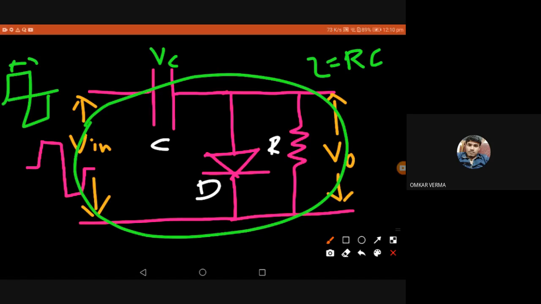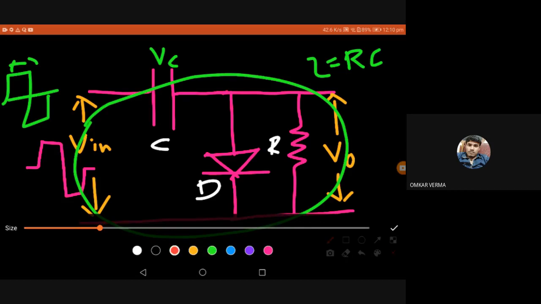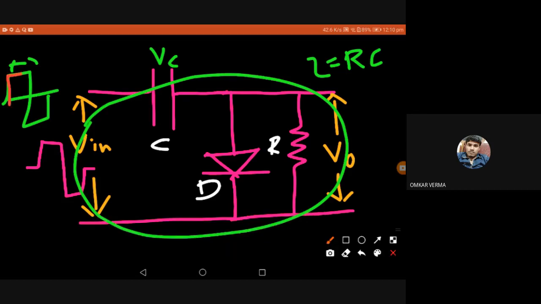The RC time constant should be greater than half of the given time interval, where we need a square wave. That is, in the interval 0 to T/2, our capacitor should at least retain its charge. So its RC should be greater than that T/2 time.